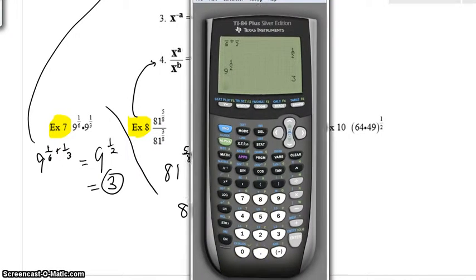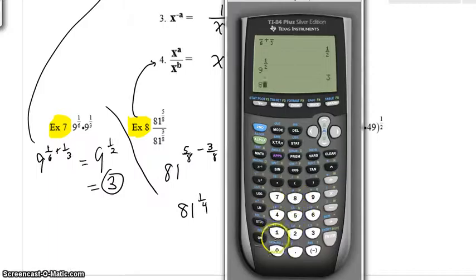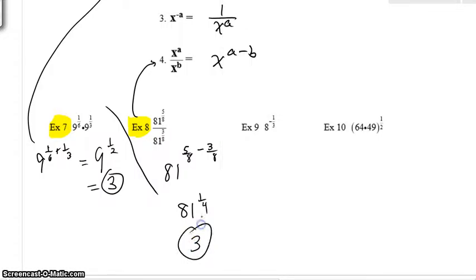Now again, you might remember from our first lesson, this is really equivalent to the 4th root of 81. And if we need to, we could break that down by hand. But listen, why not double check and see if this works out evenly? So very often it does. And here you can see the 4th root of 81 is actually a 3.